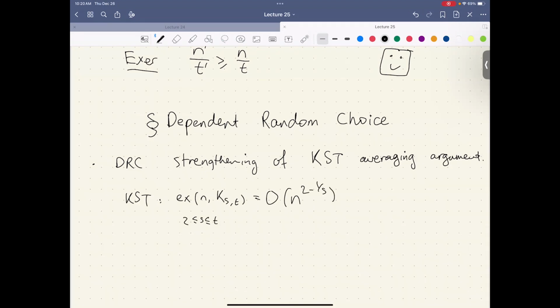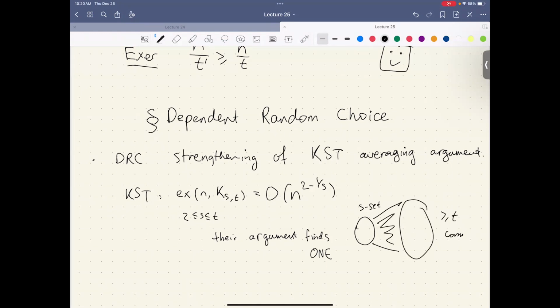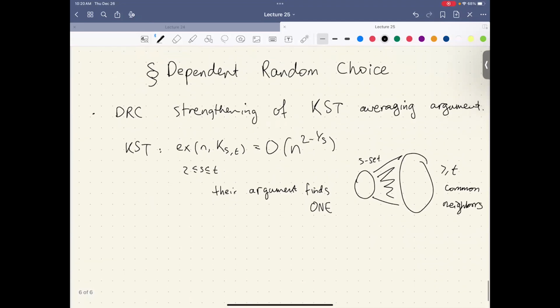And how they do it is by averaging. Their averaging argument finds one s-set which has lots of common neighbors, at least t common neighbors, right? So they find one.